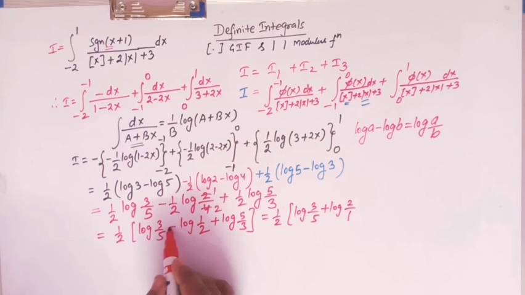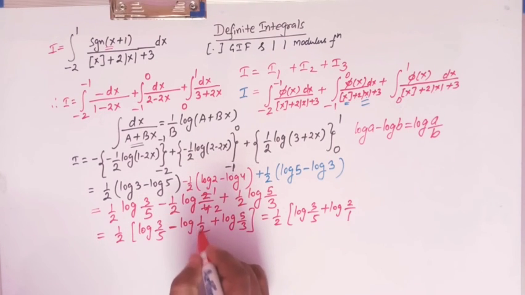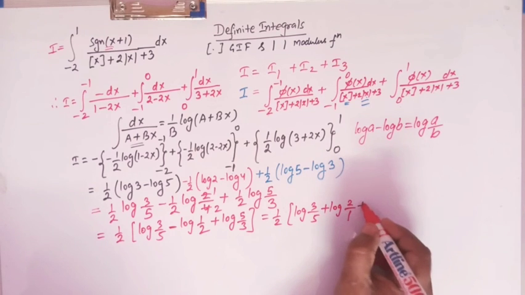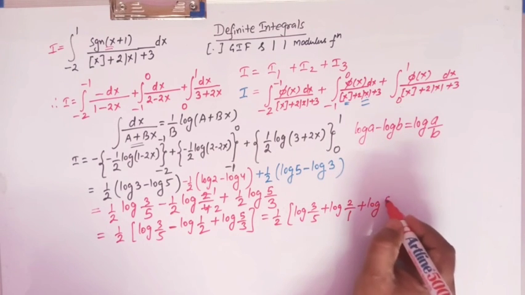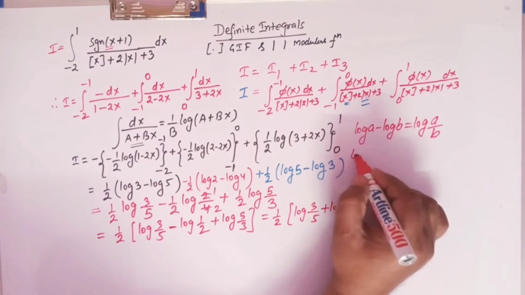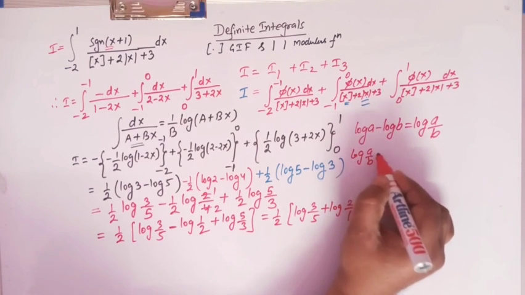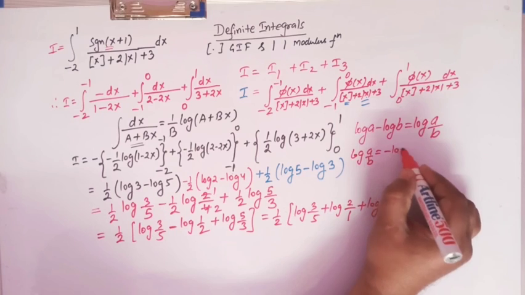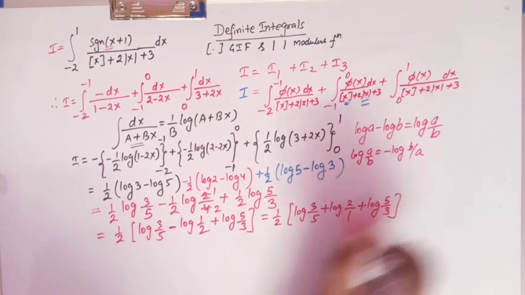Now this negative sign can be converted to positive sign by taking the reciprocal, and here we have log 5 over 3, right? So here we have used log a over b is equal to minus log b over a, right?